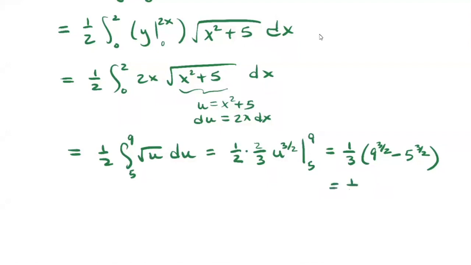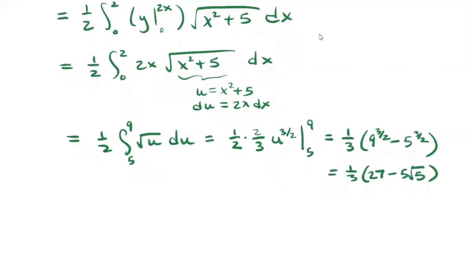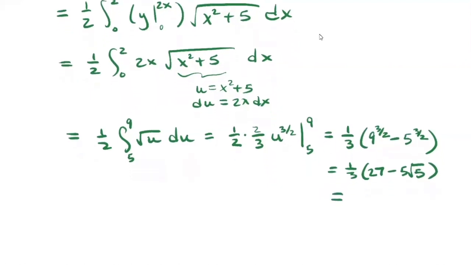So you have 1/3 times 27. 5 to the 1.5 is 5 to the 1 times 5 to the half, so this is minus 5 root 5. So I think that's 9 minus 5/3 root 5. Okay. So that's the surface area.